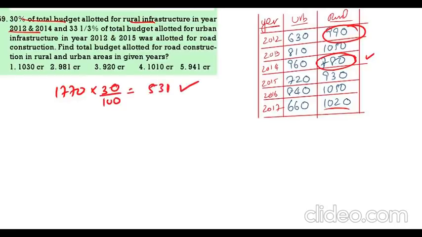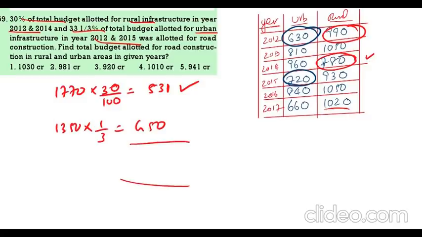Now 12, 15 urban: 12 630, 15 720, total 1350. In this 33 1 by 3, that means 1 by 3, so 450. So find the total. 531 plus 450, that is how much? 981. Option 2 is the correct answer.